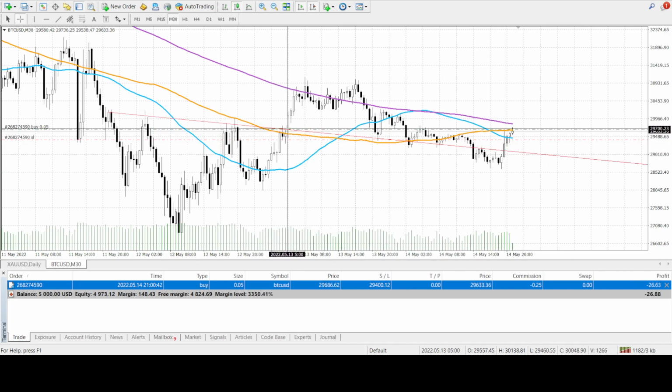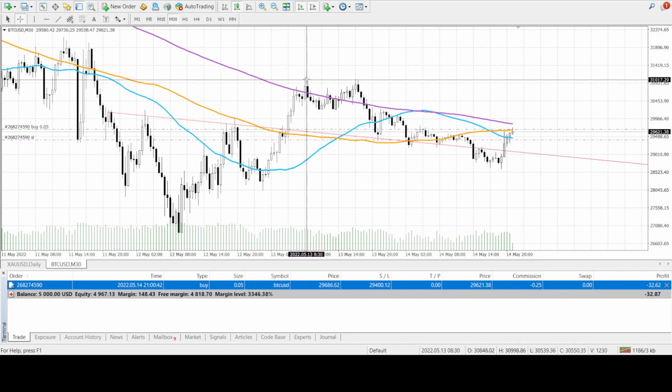If you had entered after that break, you would have gone up, let's see, where's our break? 29,700, went up to a peak of 31,000. So that was a good little movement there. That was like $1,300, right? If you were running that with 5x leverage, you'd probably be a happy camper.